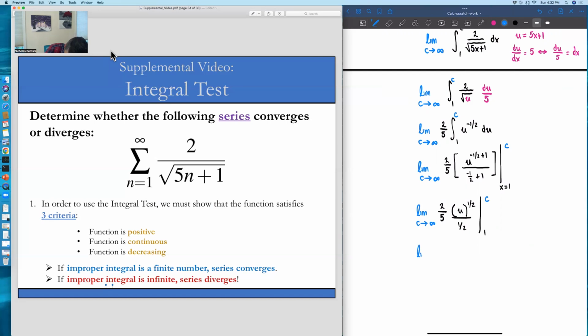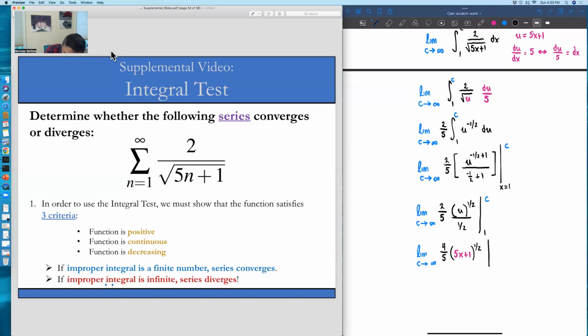Again, this limit is still coming along for the ride. We see that we're dividing by a 1/2 in this denominator. So when we divide by a fraction, we reciprocate and multiply. So that'll give us a 4 over 5 times what was previously u, but now our 5x plus 1. And that's raised to the 1/2 power.